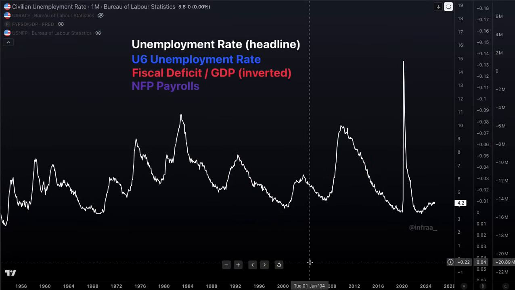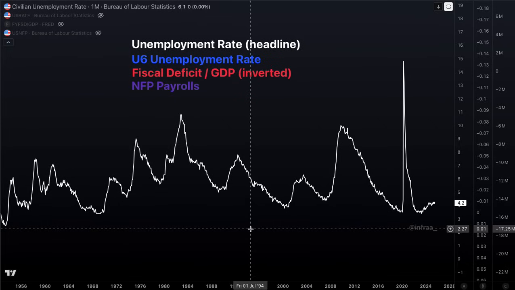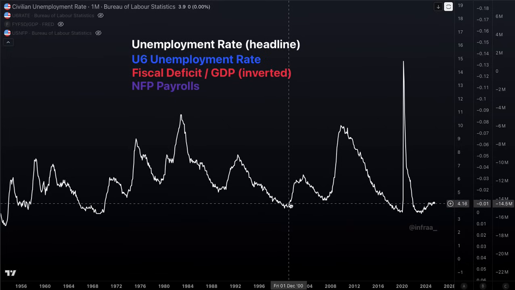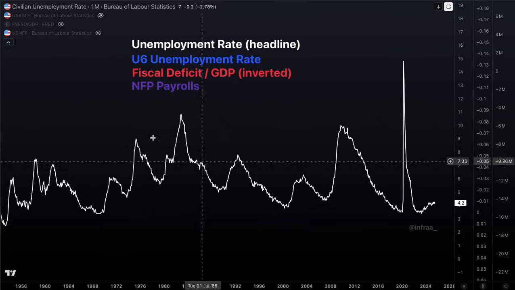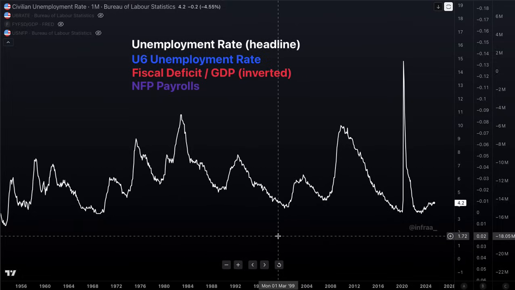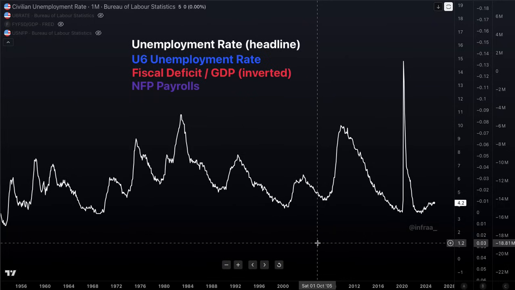I can't find an example where it bottoms, starts to increase ever so slightly, and then just peters off. I can't really find an example of that in this data. So I think there is a possibility that the U.S. goes into some form of recession, at least in terms of the real GDP.